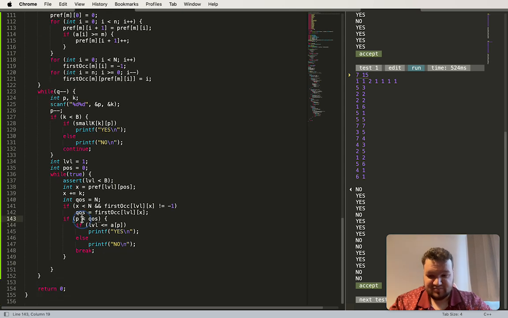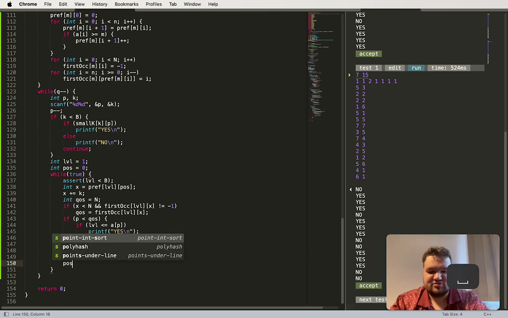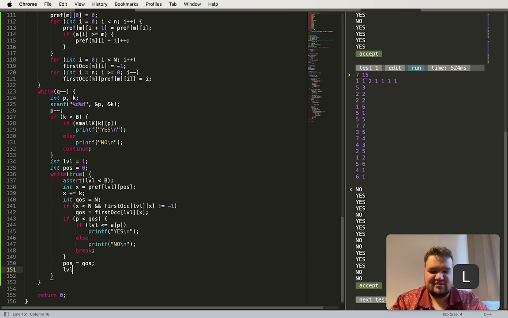Otherwise, we know that P is at least this position, which means that it is not infinity. And so we say, okay, then we jump to this position and get our level up. That's it.